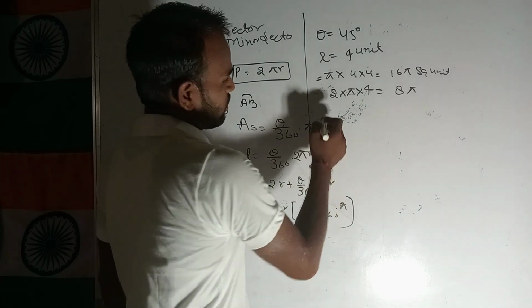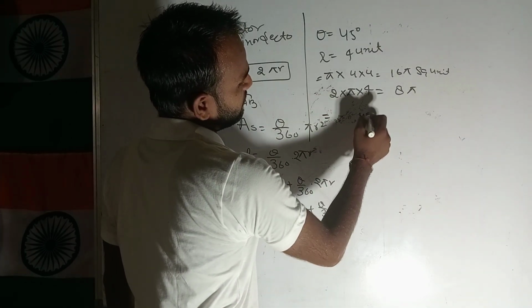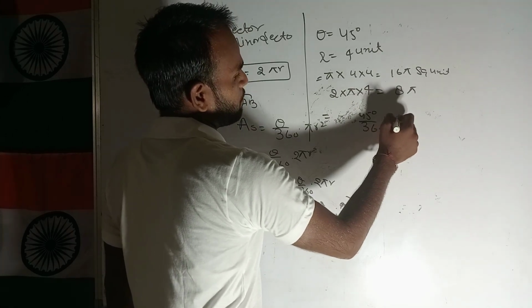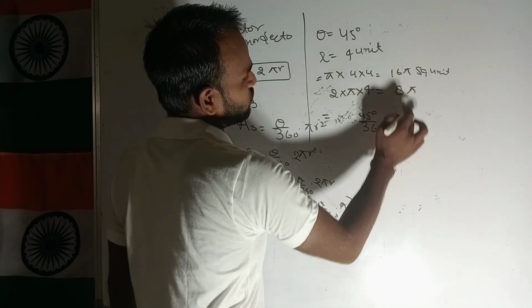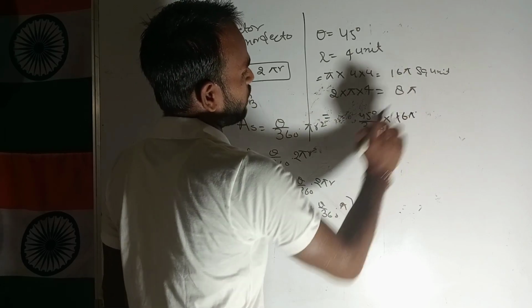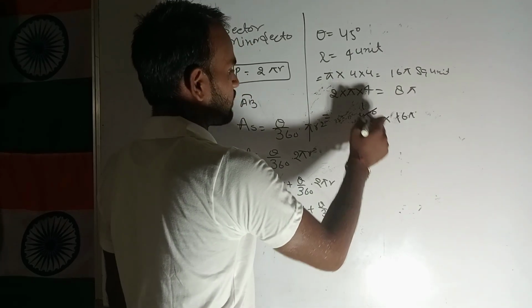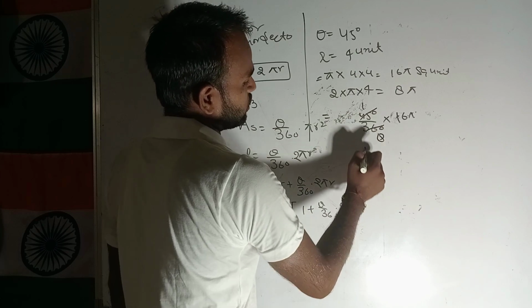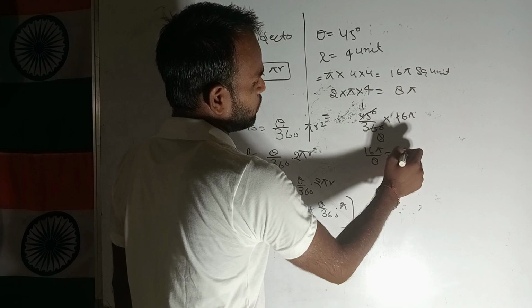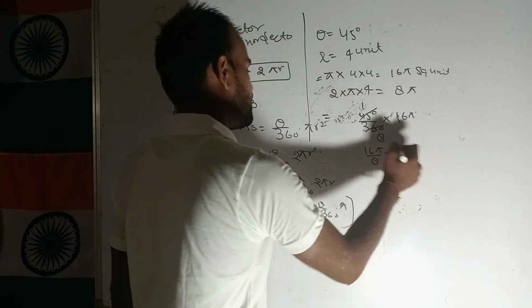Now the area of the sector will be 45 degrees upon 360 into pi r square, and we found pi r square equals 16 pi. 45 goes into 45 once, and 45 goes into 360 eight times, so 16 pi upon 8 is 2 pi. This is the area of the sector.